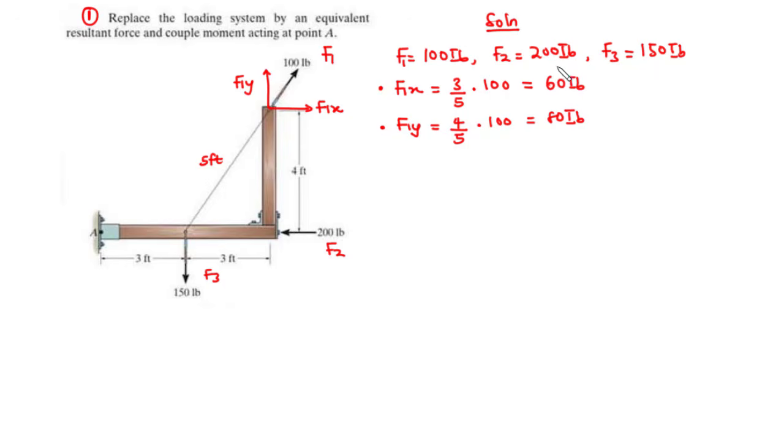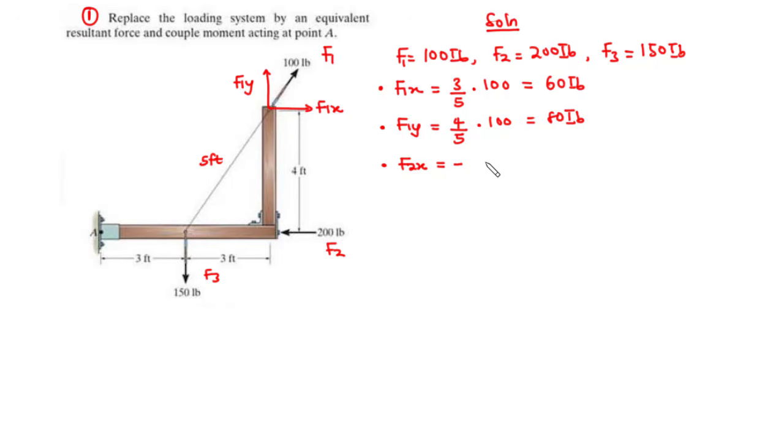Now let's focus on F2. Since F2 is acting horizontally and then moving into the point where you want to take the moment about, then it means that F2 can be said to be F2x because it acts only horizontally, and since it is moving into the point, you have a negative value.